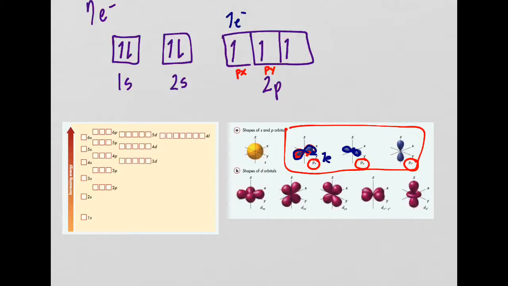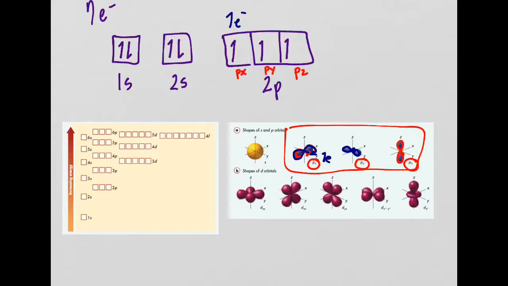Same thing with the third electron, the final electron in these 7 electrons that I'm looking at. Is it more stable to put an electron, again, in the counterclockwise direction in px or in py? Or would it be more stable and less energy to move the electron over to the pz orbital?